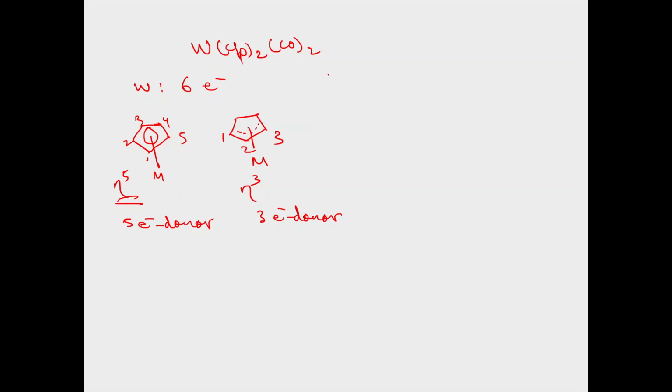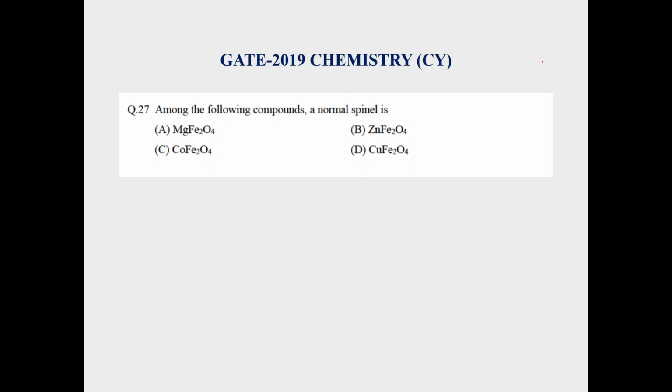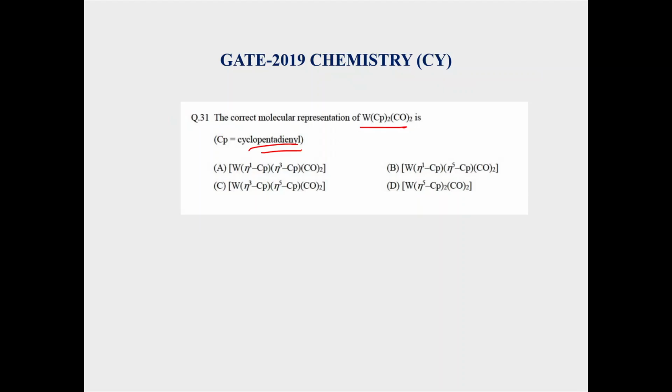And carbonyl is a neutral 2 electron donor ligand. So in this question, they're asking for the correct molecular representation.